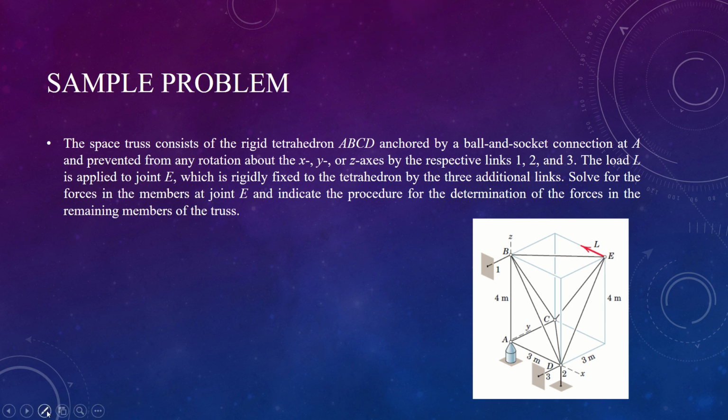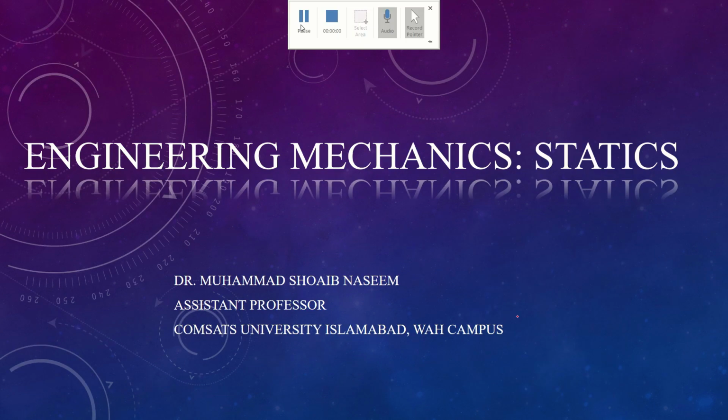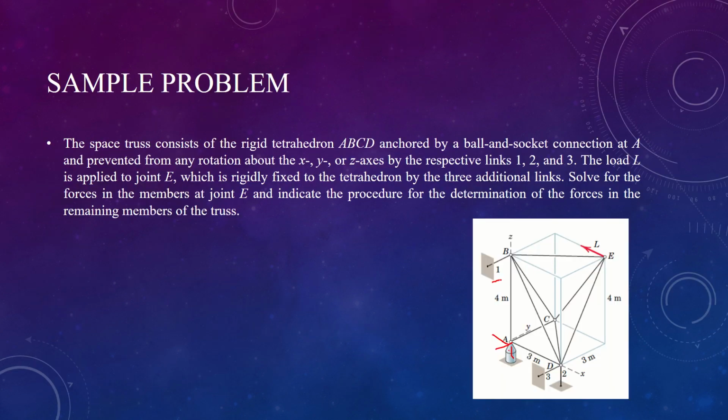And let me show you with the 3D pointer right here, the X, Y and Z reaction forces. And then there are links, that is 1, 2 and 3. The load L is applied right here at point E.